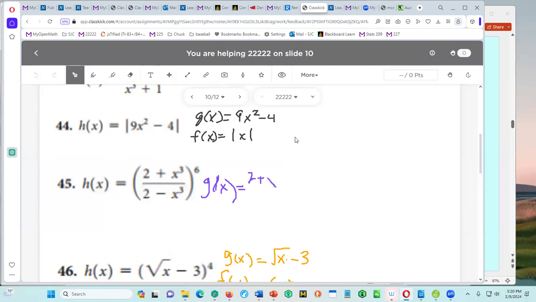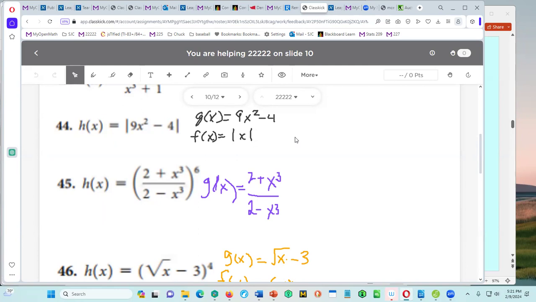Basically, what we're looking for is, for the inside function, just anything that's inside something else. Yeah, that's better than what you said, Alyssa, because that is definitely what I would use for something that's inside something else.